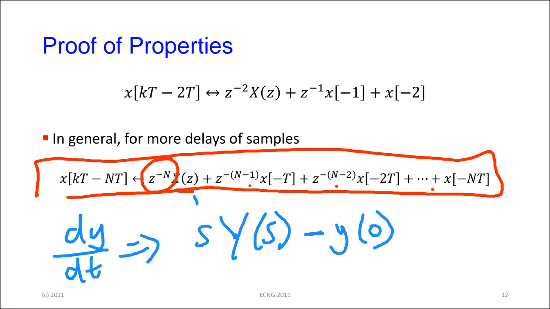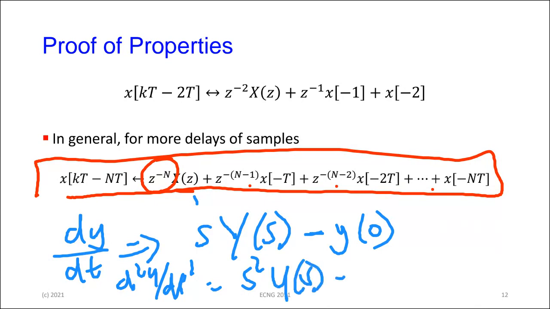Remember that? And then d2y/dt squared gives me an s squared Y(s) minus s y(0) minus y prime(0), something like that.